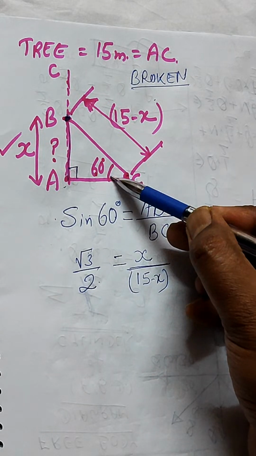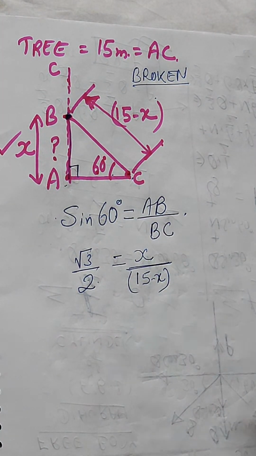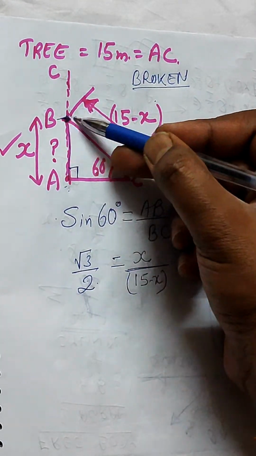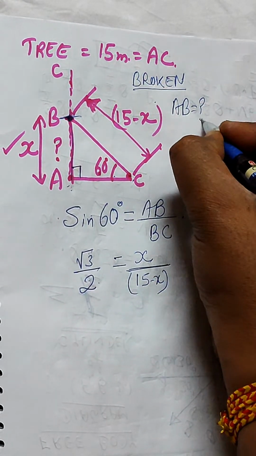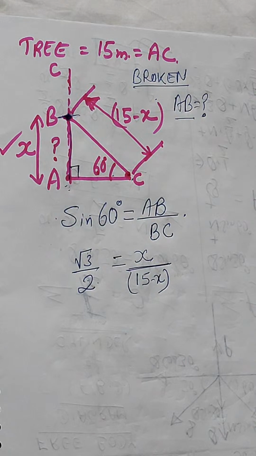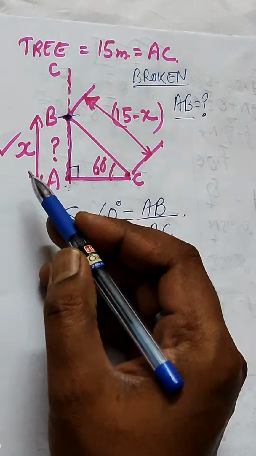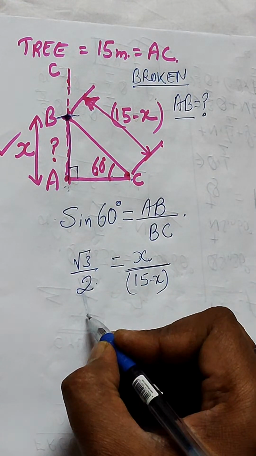We need to find the height from the ground, that is A to B. What is the height from where the tree is broken? That means here we are going to find the length of AB, right? So the length of AB will be x, which we have assumed. Now just solve this equation.